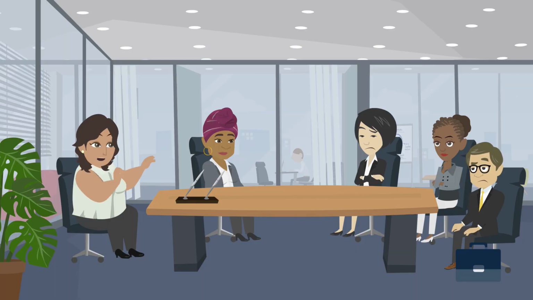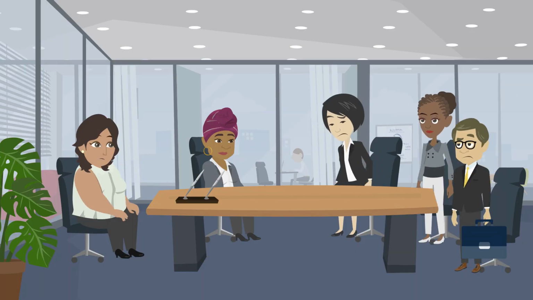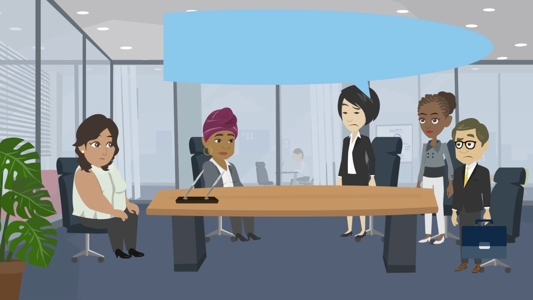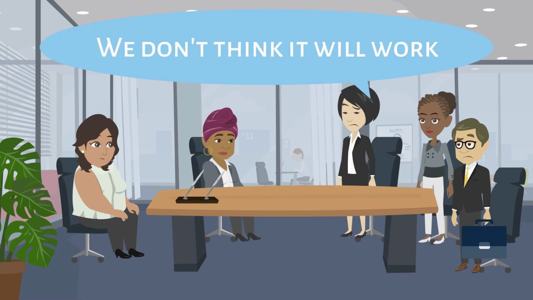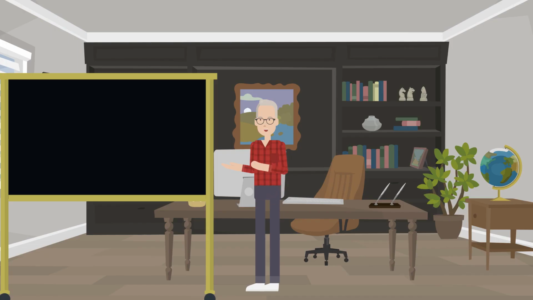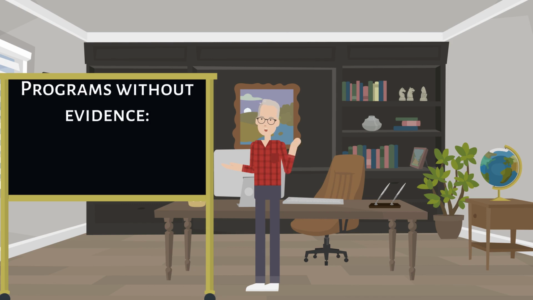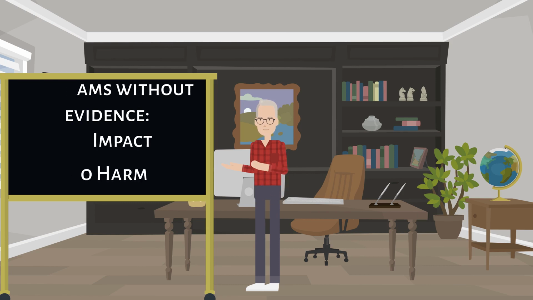We don't want to recommend a program, nor do we want to pay for it, if we aren't reasonably certain that it'll work. Programs without any evidence or research behind them can lead to no impact or can actually end up doing more harm than good.